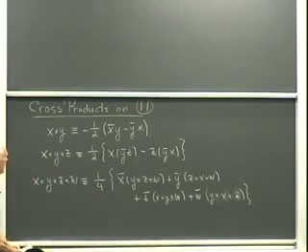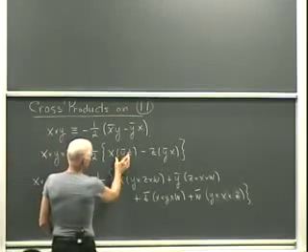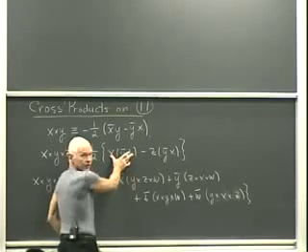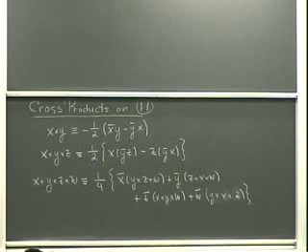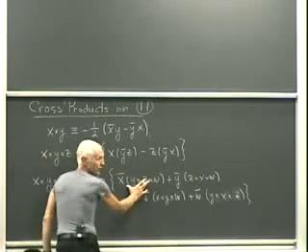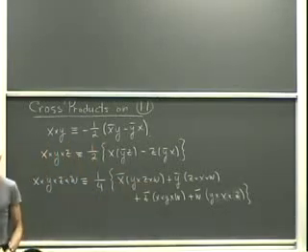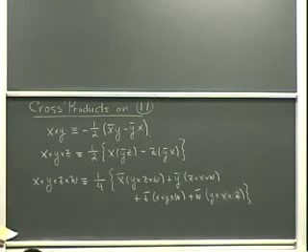So this is really somehow the alternation of that object, and this is the alternation of that object. Just sum over all permutations with a sign. But then you want to normalize.